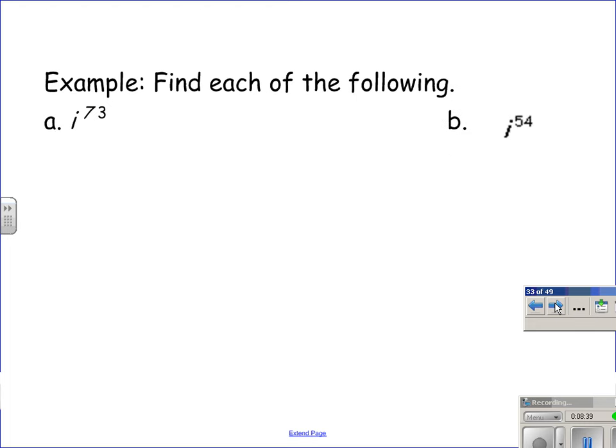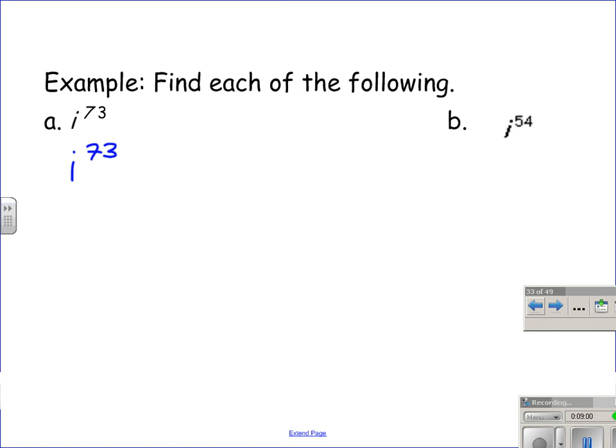All right, now we have two examples where we're going to find i to some power. And this is where I referred to looking at the remainder when you take a number and divide it by 4, because i occurs in cycles of 4. So in this case, we've got i to the 73rd power.